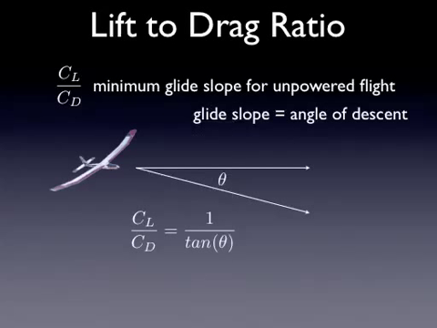With the lift-to-drag ratio, you can calculate exactly what that angle is going to be using this equation. And what it tells you is that for every foot of descent, you'll get a certain amount of forward movement.